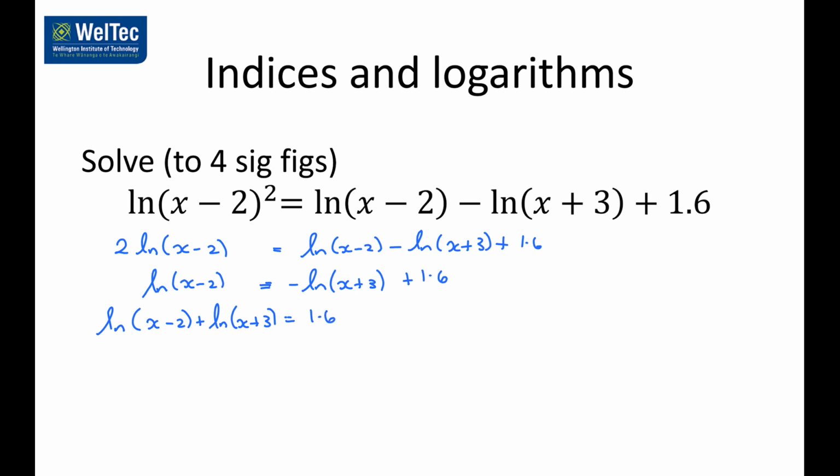And our left-hand side now is a multiplication to be done. If we raise each side to the power of e, our natural logs cancel, so our left-hand side is x minus 2 times x plus 3 equals e to the 1.6. Now I'm going to take that up to the left-hand side.